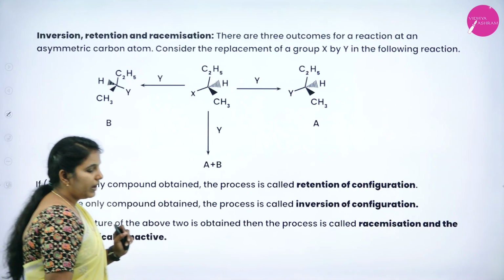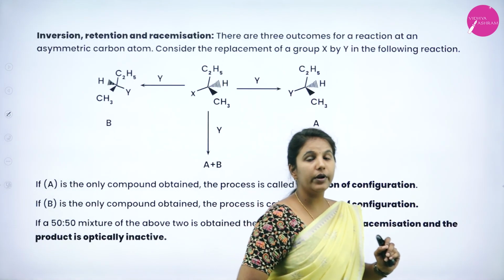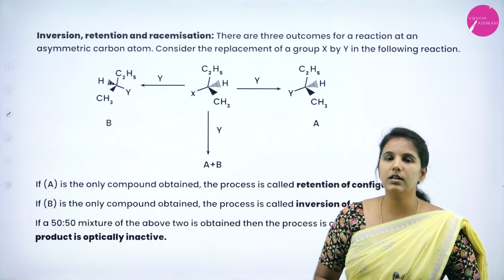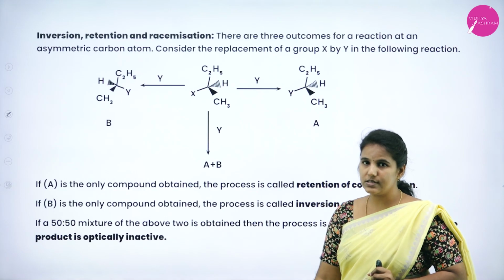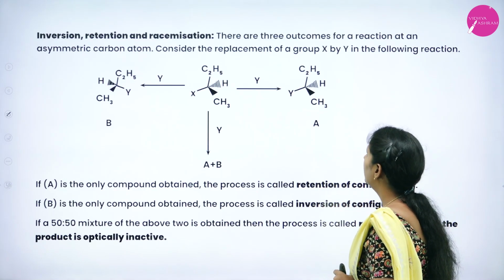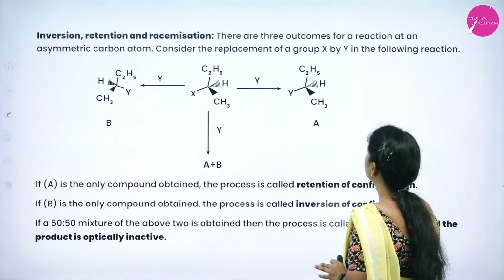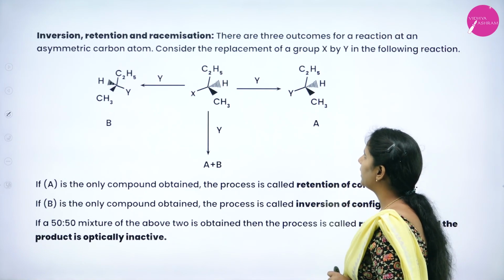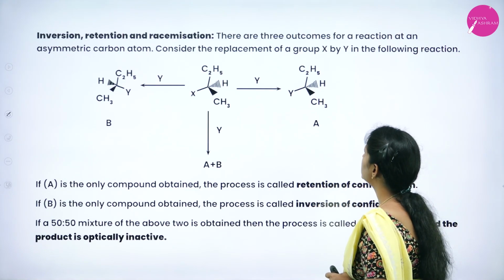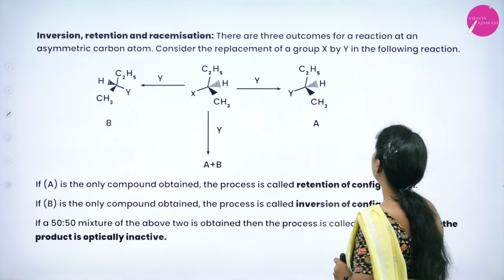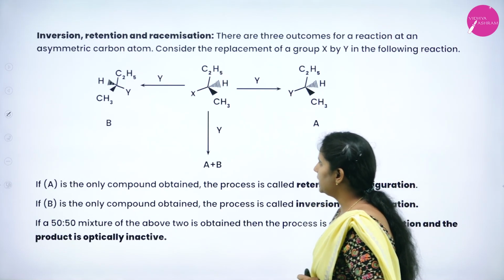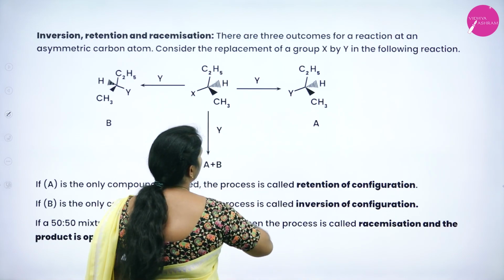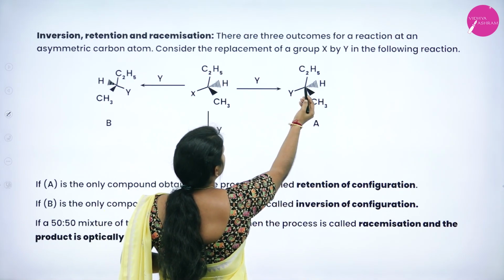So now, by looking at this example, you can clearly understand how inversion, racemization and retention take place. There are three outcomes of the reactions of an asymmetric carbon atom. Consider the replacement of X by Y in the following reaction. So you can see that this is my first reactant.